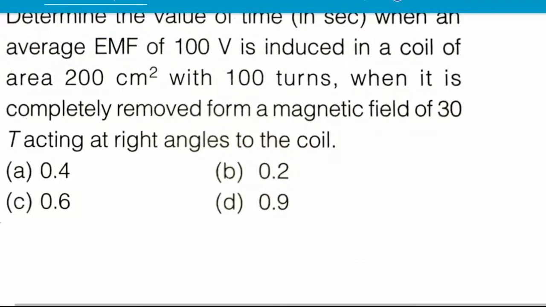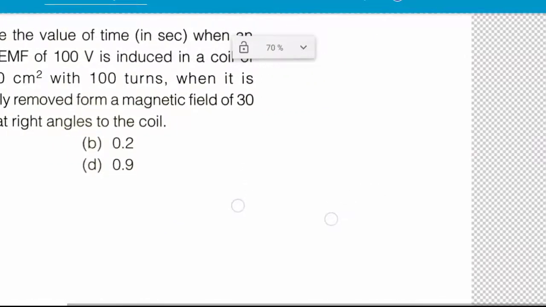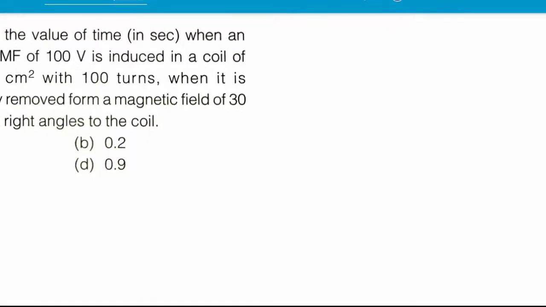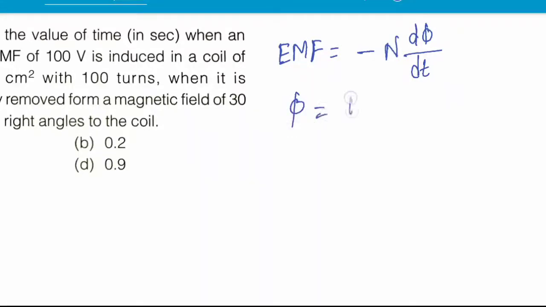Here, time is asked, and we know that EMF is given by minus n d phi by dt, and phi here is the flux, given by flux density into area.